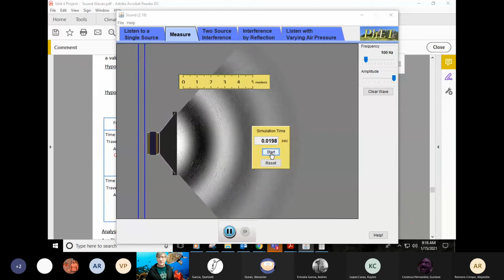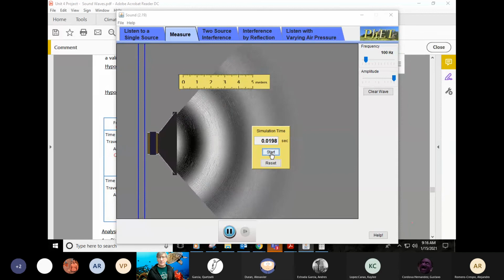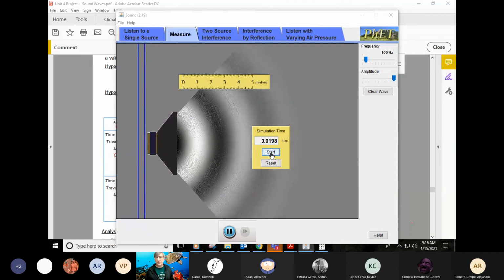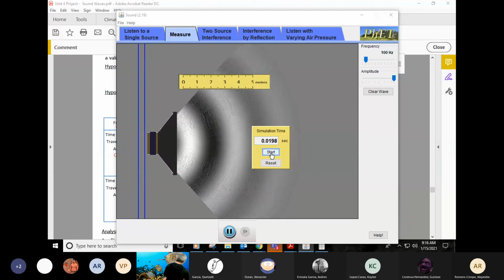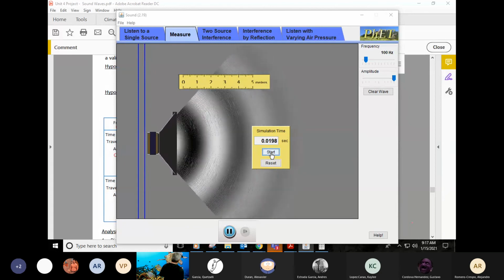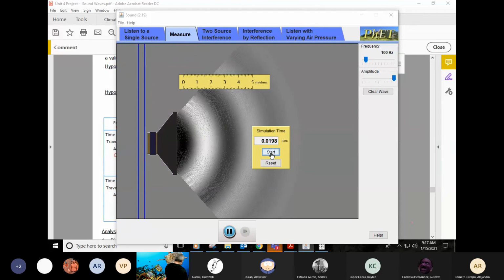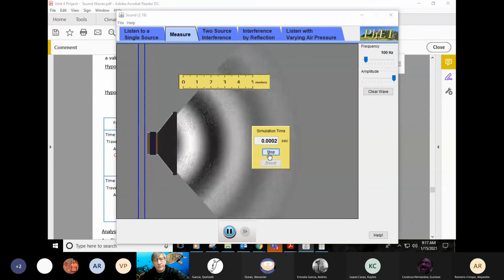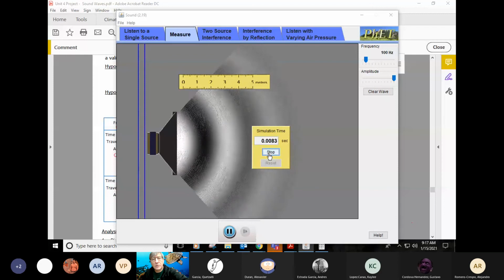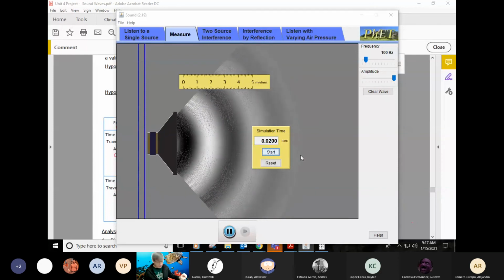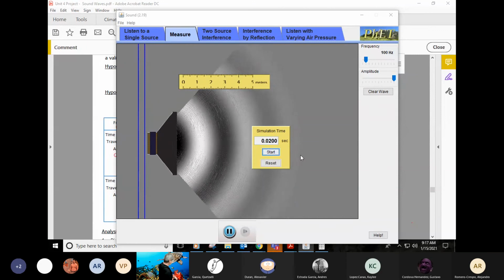Trial 2, 100 hertz, loud amplitude, high amplitude. All right, resetting, third one. 0.0200.